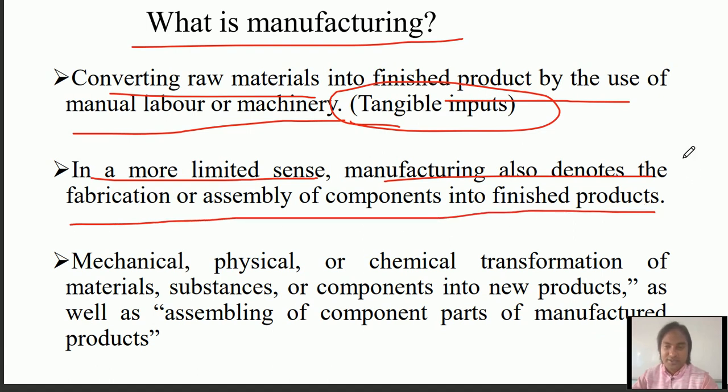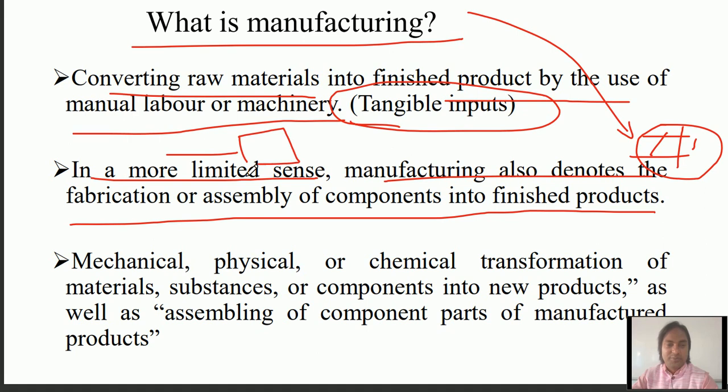Obviously, there are some parts and we are joining them, fabricating them, so it becomes manufacturing also, but in limited sense. In general terms, take raw material, perform some process, get finished product, you have manufactured something.